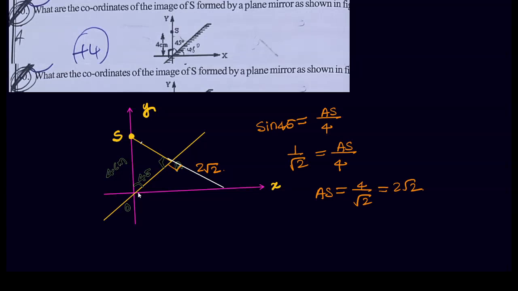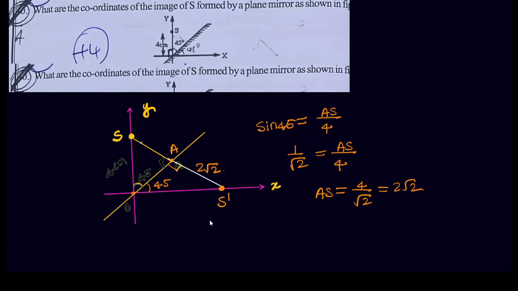Now we need this length. This angle is 45, which means this angle is also 45. If this point is A and this point is B, the image of this S will be formed here. I call the image S dash, formed here on the x-axis.